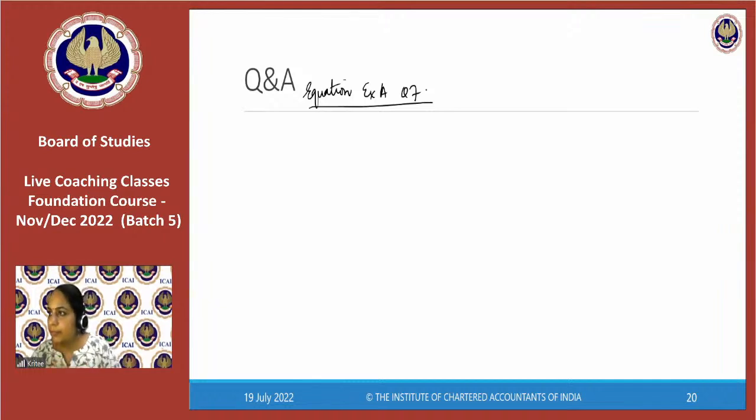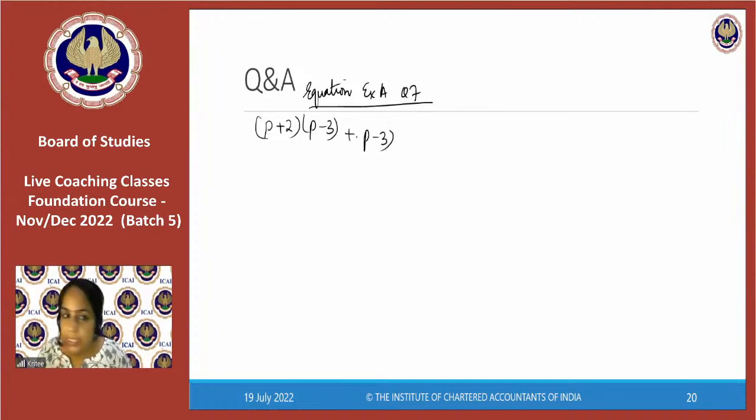Question number 7. Oh, I wanted to give this in the PPT itself. It says P plus 2 into P minus 3 plus P minus 3 into P plus 3 into P minus 4 is equal to P into 2P minus 5.